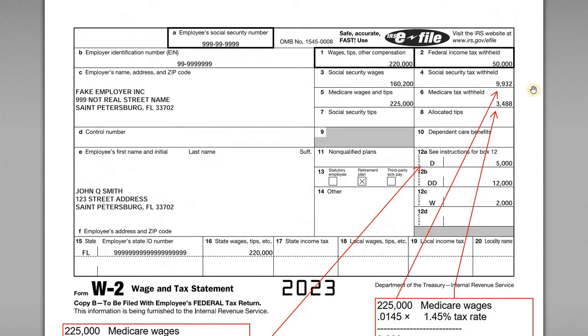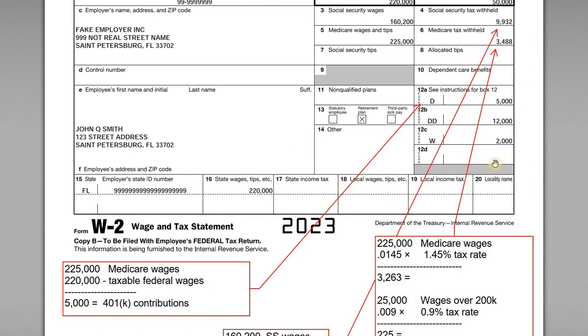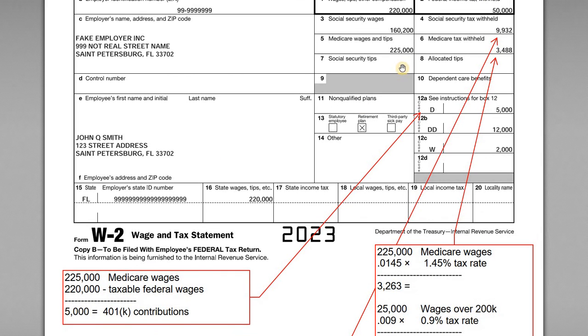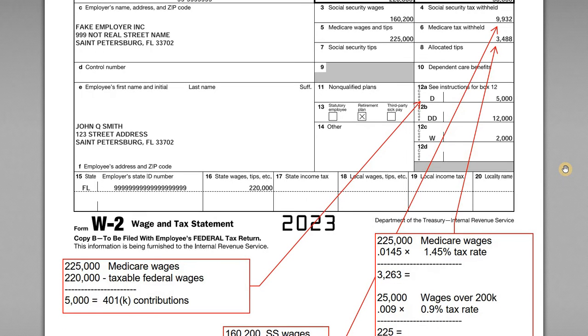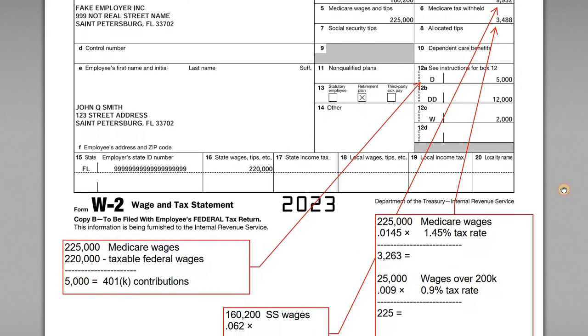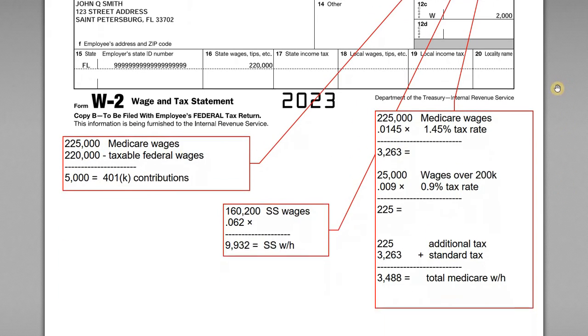All right. Now, more on the Medicare taxes withheld, because this applies in John's case, but not all taxpayers. If your Medicare wages exceed $200,000 for the year, the full amount is subject to that 1.45% Medicare tax, but there's an additional 0.9% that applies on anything over $200K.